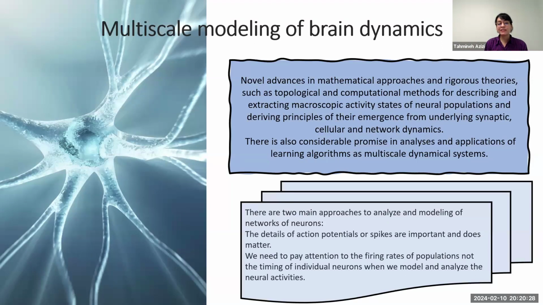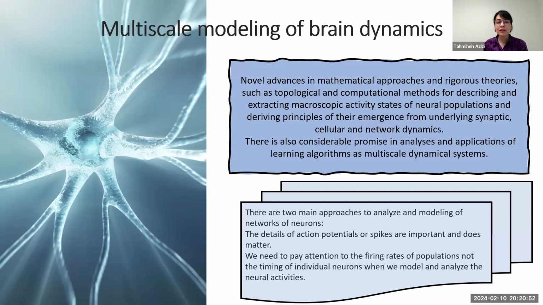So we have different topological or computational methods that we can use to display the multi-scale dynamics of the model. There are two main approaches to analyze modeling of the network, and you're going to see some of these models here, but we are still working on that.